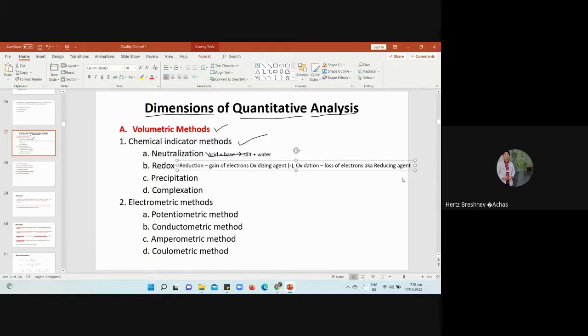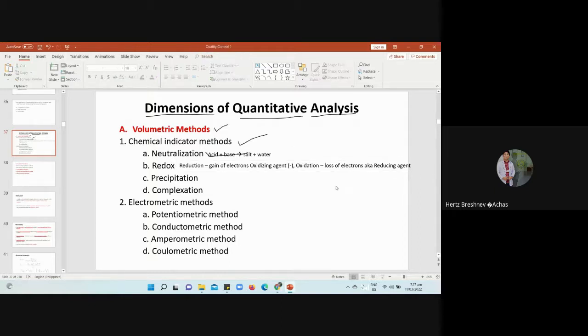They are opposite. When we say reduction, that is the oxidizing agent. It is the agent responsible for the gain or loss of electrons of the other substance. The reducing agent is the substance that is responsible for the other substance to gain electrons.